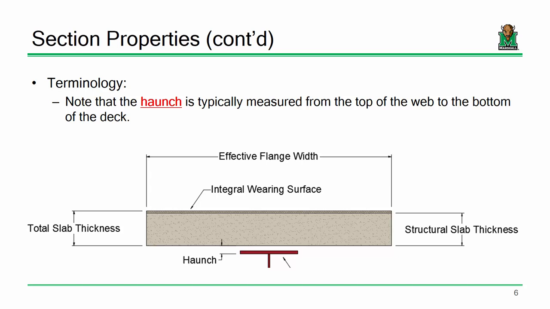Let's start off with this, the haunch. Basically what we're trying to do with the haunch is represent the fact that there is, in actuality, a little bit of a gap between the girder and the deck, and you're thinking to yourself, wait, is the deck floating in space? No, it's not.